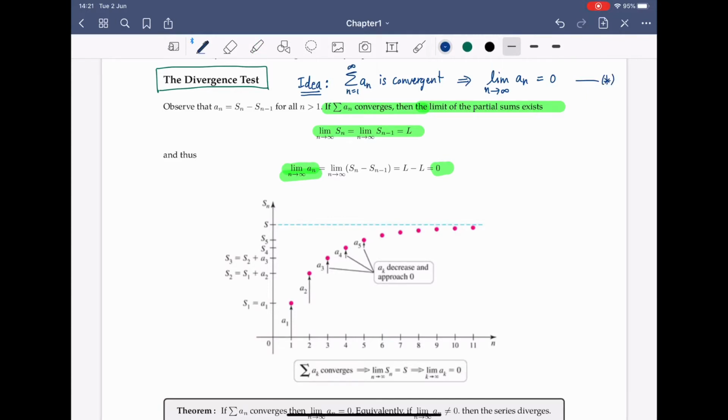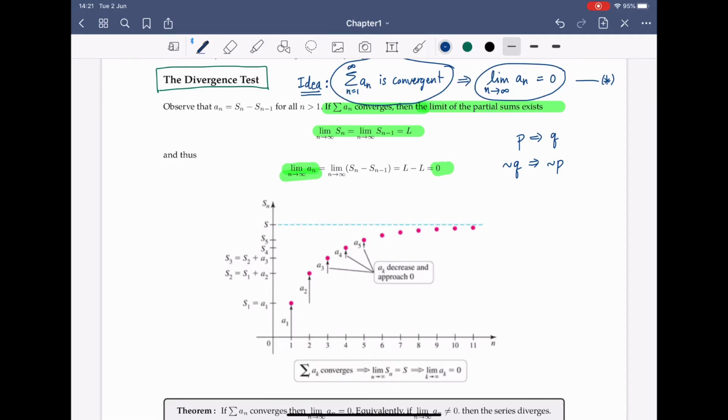It is because with this statement, you can use the contrapositive. When you learn logic in high school, you know that the statement P implies Q is the same as not Q implies not P. If the series is convergent, you can conclude that the limit equals 0. The negation of the limit of a sub n equal to 0 is the limit of a sub n is not equal to 0.